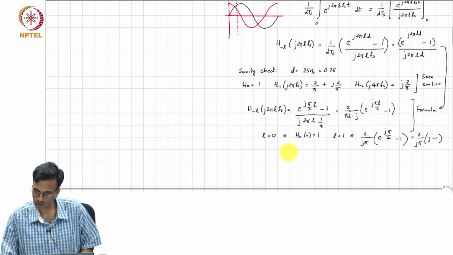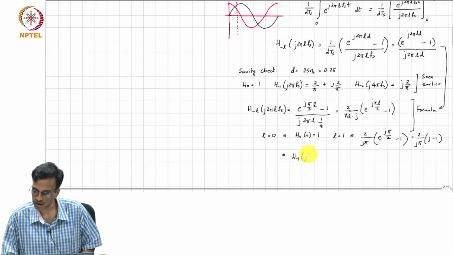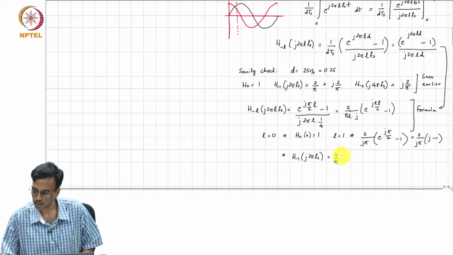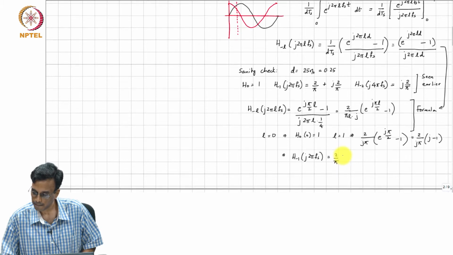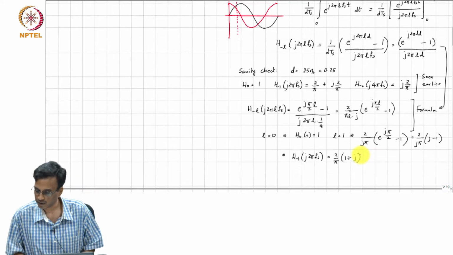So, this is h minus 1 of j 2 pi f s is nothing but 2 by pi, right, times 1 plus j, which is consistent with our previous thing.